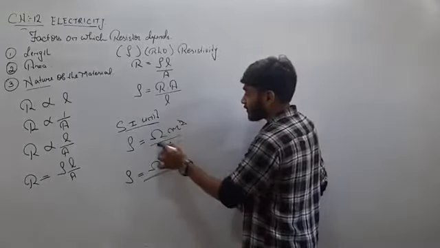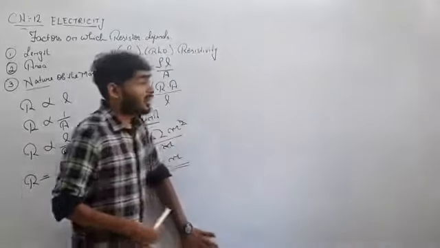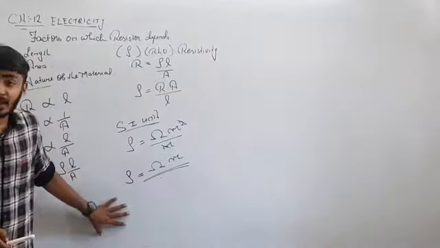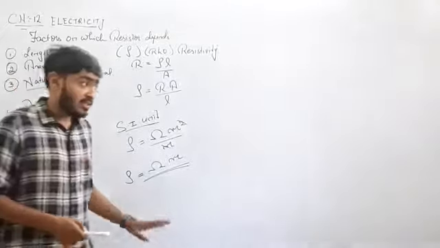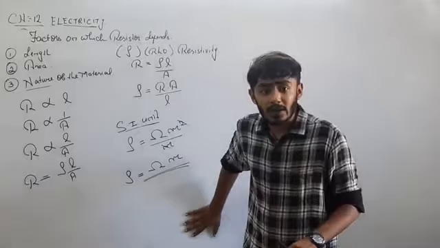I cancel out the meter square and meter, so I am left with only ohm meter. So this is the resistivity on which the resistance is dependent. I hope you are clear with this.